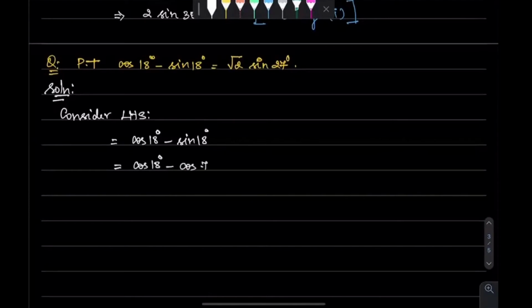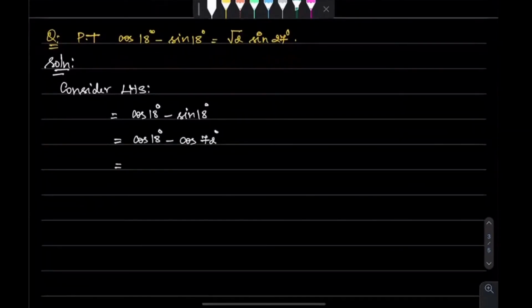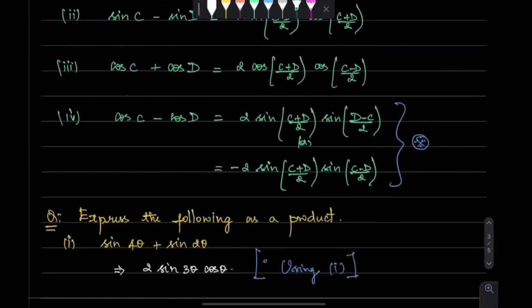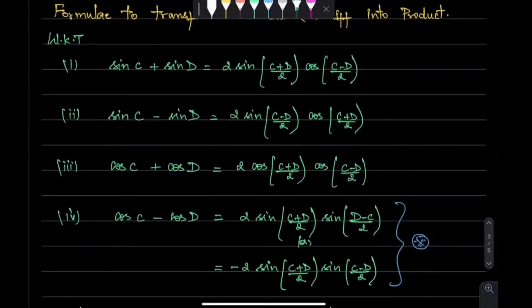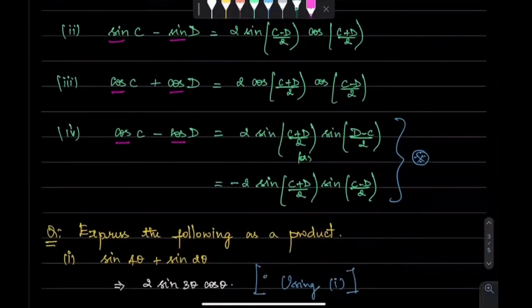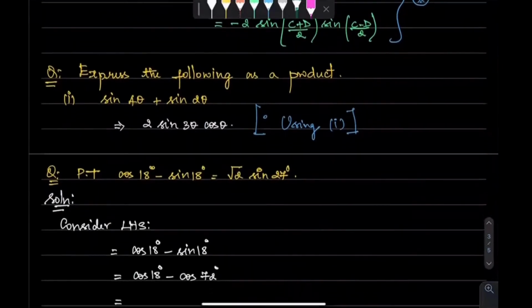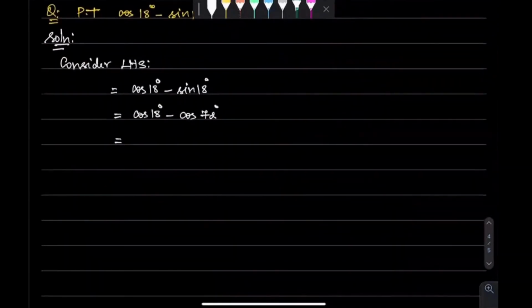Can I write this as sin 72 degrees? If you notice, you do not have both sine and cos mixed in this expression. You can use this result only when you have the same function. So I'm converting cos as sine.